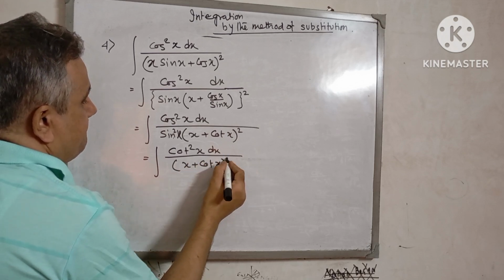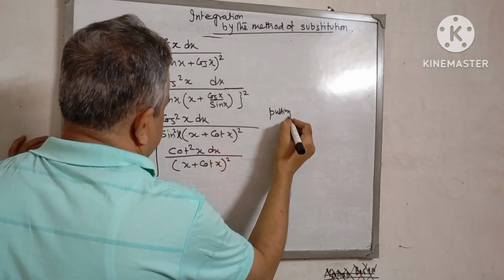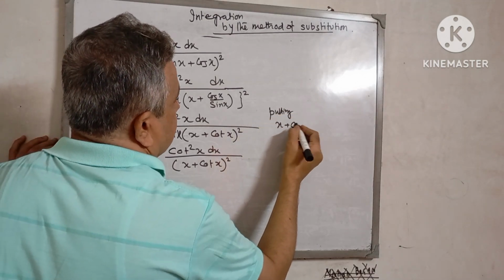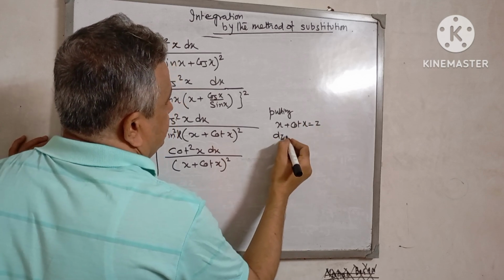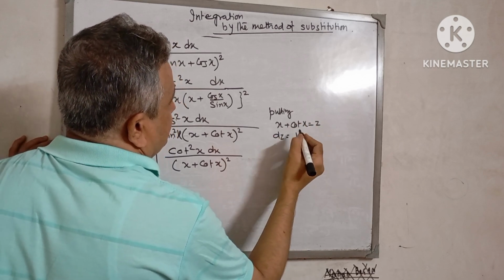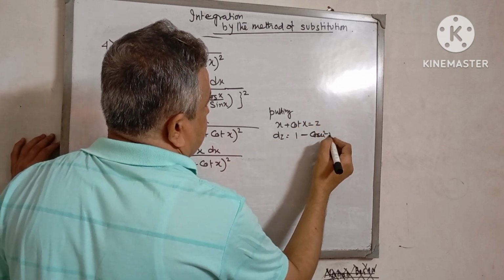Now we put x plus cot x equal to z. So dz is the differentiation of x, which is 1, and of cot x, which is minus cosec square x.